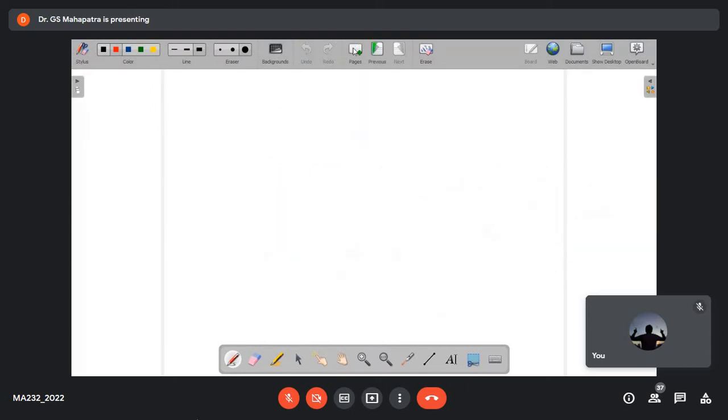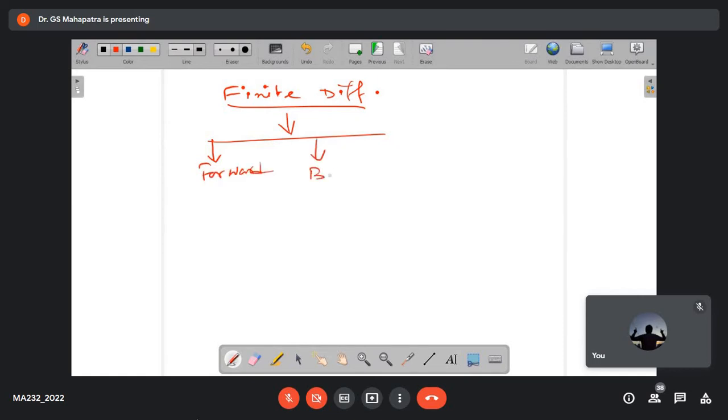Now the basic definition of finite differences. Right now we will divide it into three parts. One is forward differences. Next one is backward differences.